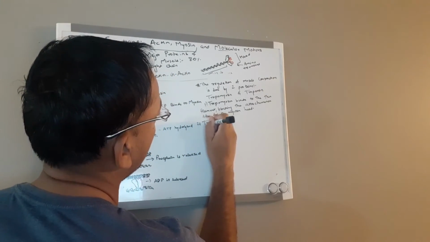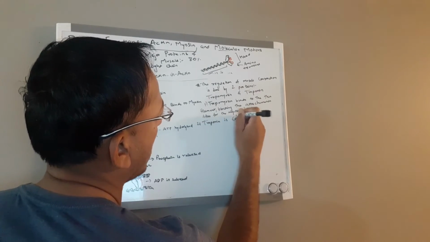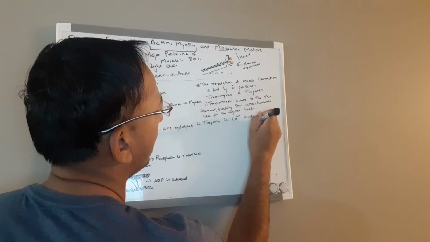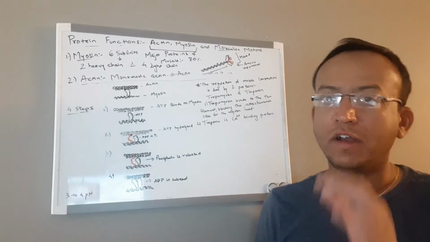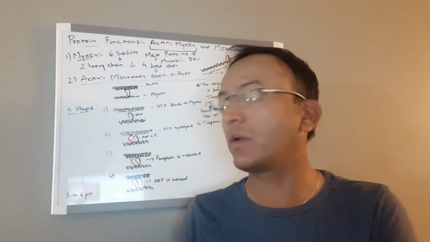So the troponin is a calcium binding protein. A nerve impulse causes release of calcium ions from the sarcoplasmic reticulum.